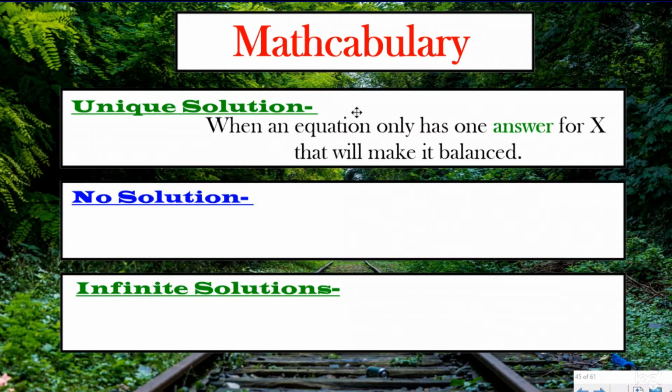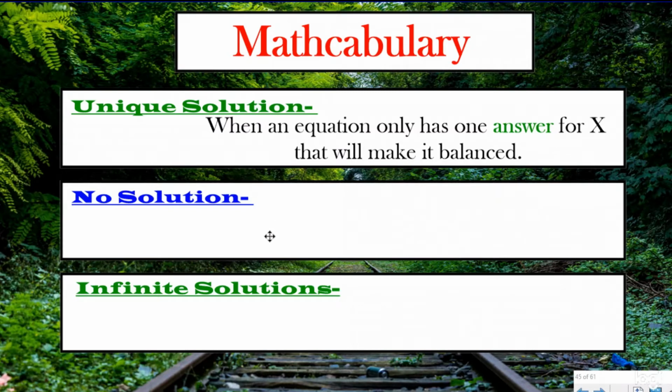A unique solution is when an equation only has one answer for x that will make it balanced. Everything in our linear equation playlist so far has had a unique solution because only one number made the expressions on either side equal to each other. So you know that, but we haven't labeled it yet, so we're going to label that as a unique solution.